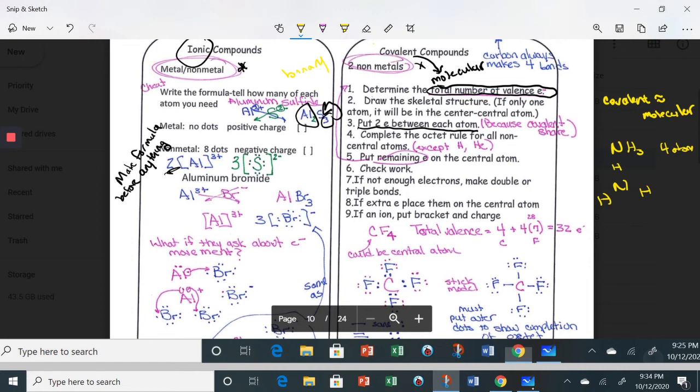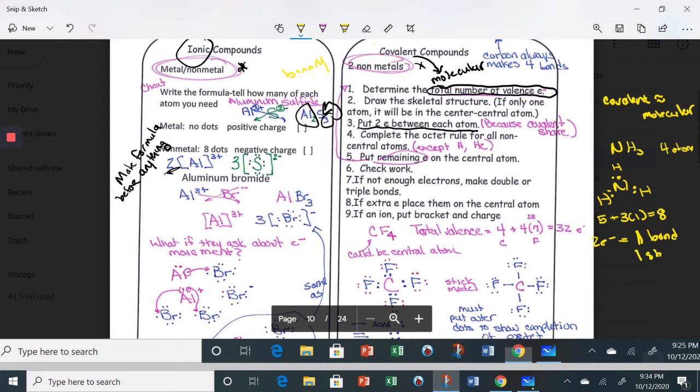Then I say, all right, nitrogen has 5 valence and every hydrogen has 1. So when I count up, I have a total of 8 electrons to place. So I am going to put 2 electrons here, 2 electrons here, 2 electrons there. Because 2 electrons equal 1 bond.